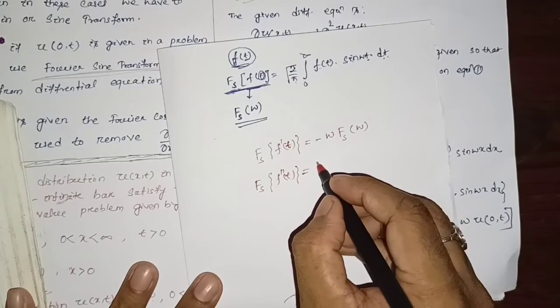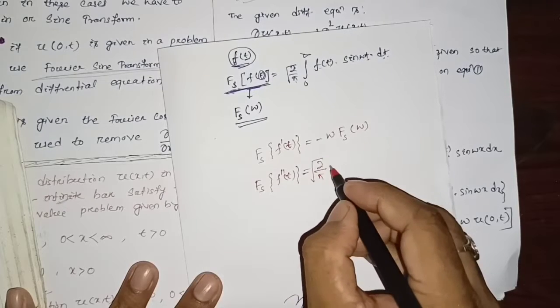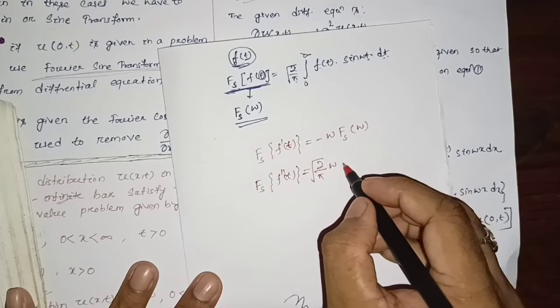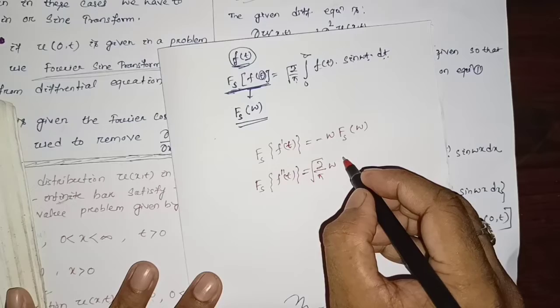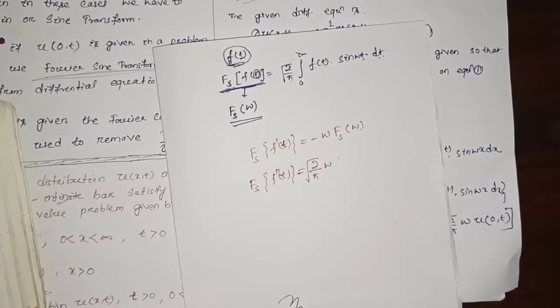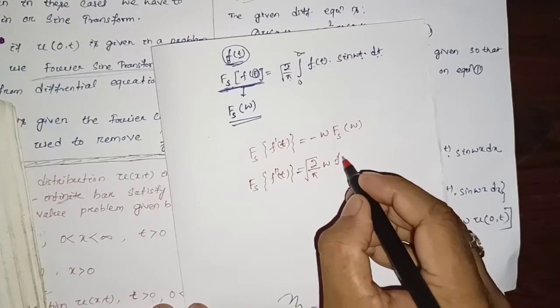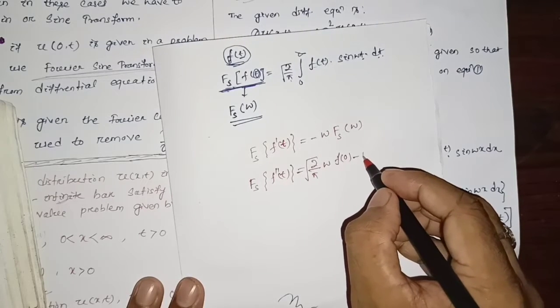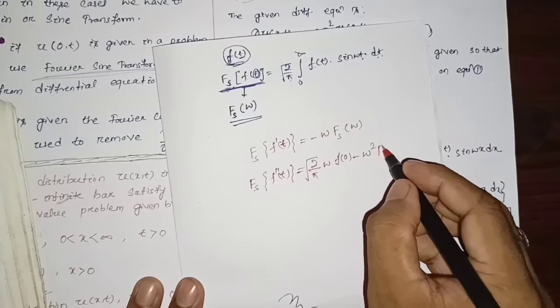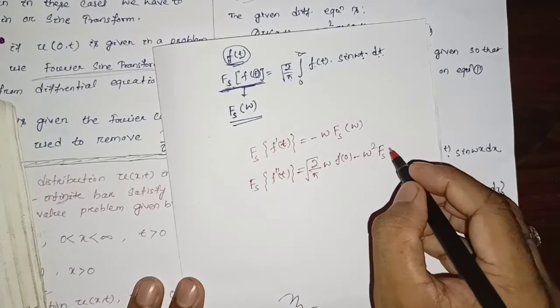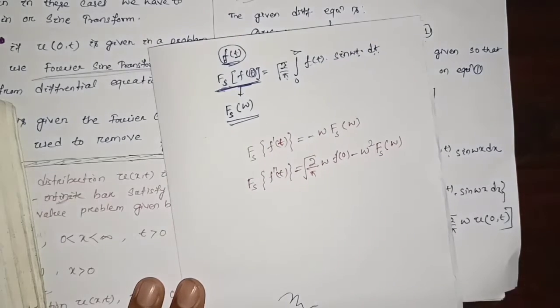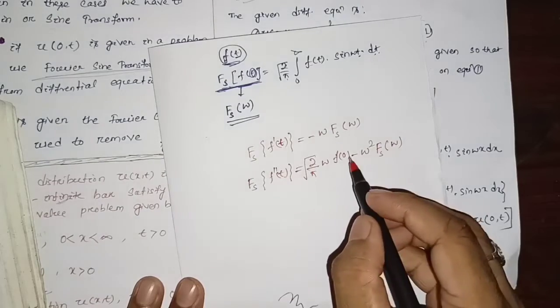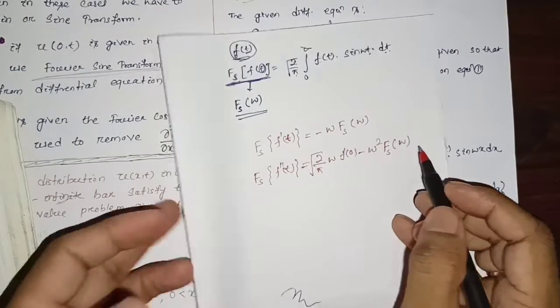2 by pi root over omega small f(0) minus omega square Fourier sine transform of omega. Okay, here t is there, so we write Fs(omega).